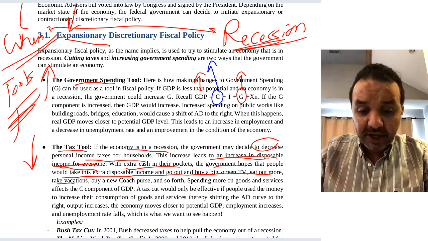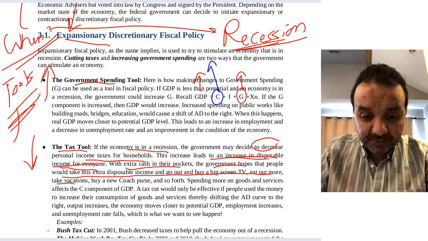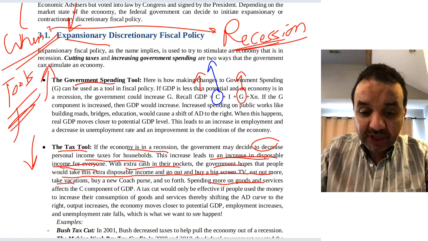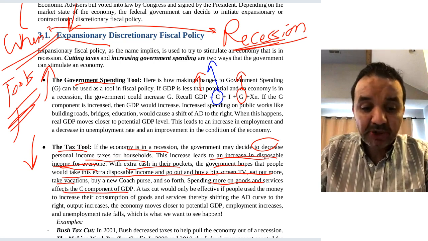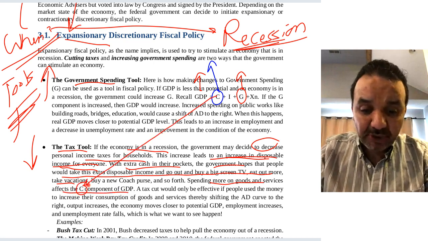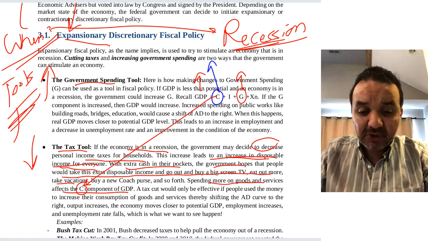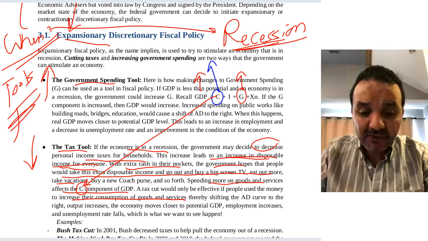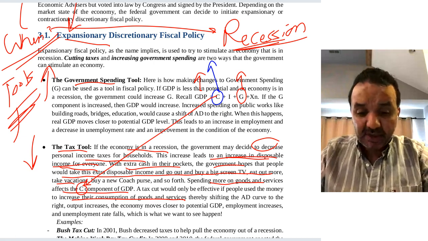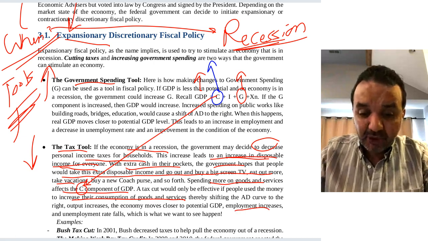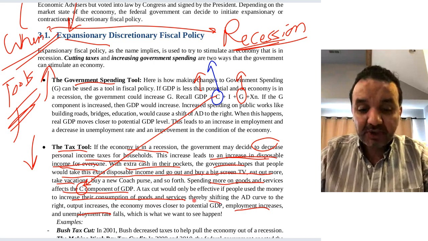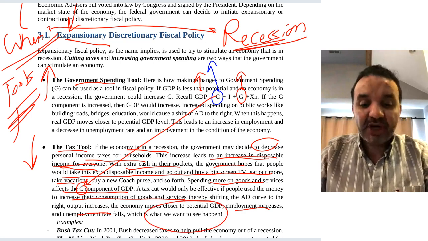Spending more on goods and services affects the C component of GDP. A tax cut would only be effective if people use the money to increase consumption of goods and services. Employment increases and unemployment will fall, and this is what we want to see happen.